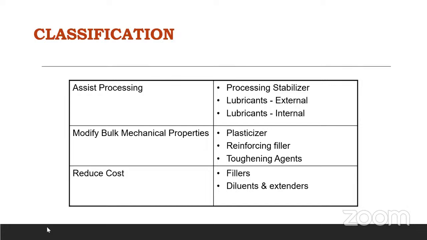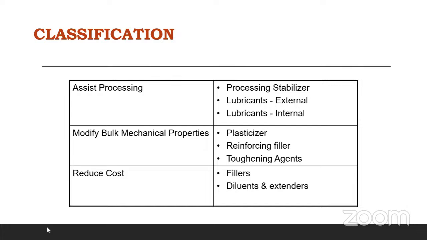Reinforcing fillers, as we discussed during the composites class, are fillers which act as reinforcing agents, or which impart mechanical properties or strength to the material, like glass fibers, plant fibers and animal fibers, which we have discussed in the previous class.